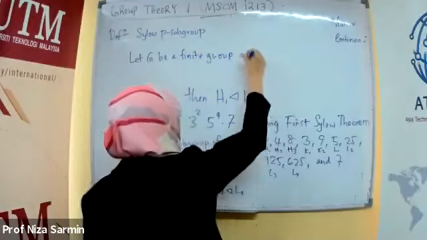Let G be a finite group and let P be a prime divisor of the order of G. If P to the power k divides the order of G and P to the power k plus 1 does not divide the order of G, then any subgroup of G of order P to the power k is called a Sylow P subgroup.